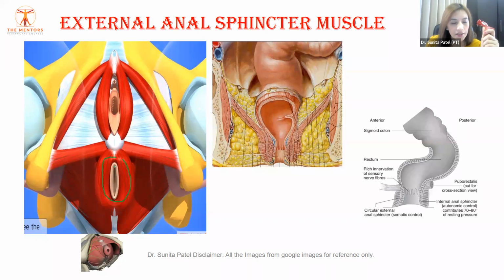Can you see this is the anal canal which is coming outside, and this is all circular layer, circular around the anus. This is also a very beautiful picture. You can see the width of the external anal sphincter, quite wide. It has longitudinal fibers and circular fibers. It will completely encircle the whole canal. If this much is the length of the anal canal, then 80% up to here will be all external sphincter.